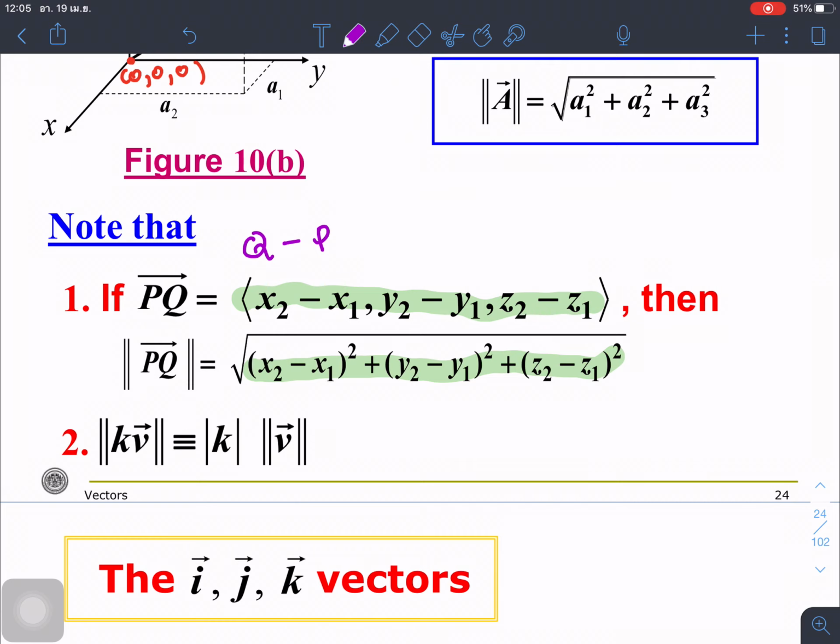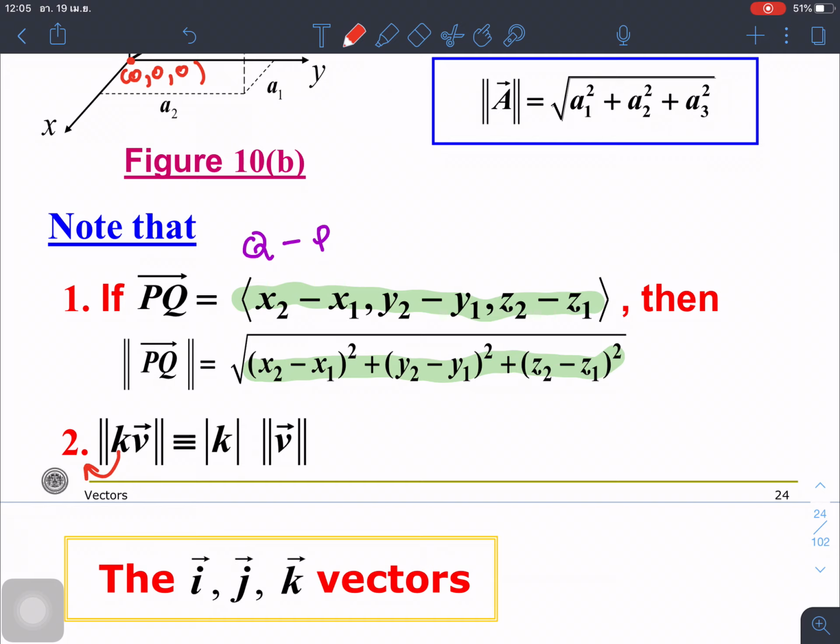Another property that you need to remember: if you have the scalar k times vector v, and you want to find the modulus of the new vector kv, you take out the k, but sometimes k is negative, so you need to take the square root. By the way, the magnitude or length of a vector is always either 0 or positive.